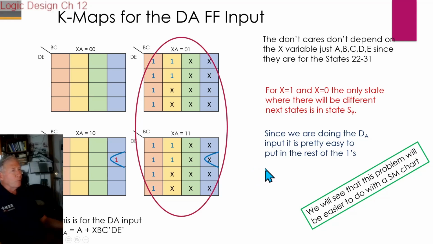But what we'll see is that it's a lot easier to do this with an SM chart than it is to do it with these 6-variable K-maps. Again, we pulled out X and A, so this is X is 0 and A is 0. This is X is 0 and A is 1. This is X is 1 and A is 0, and this is X and A are both 1. And then otherwise we have B, C, D, E in our map.